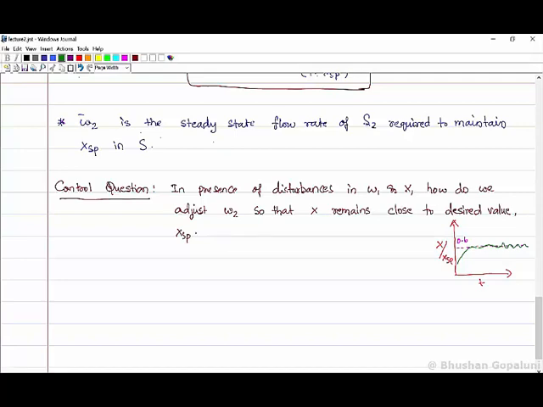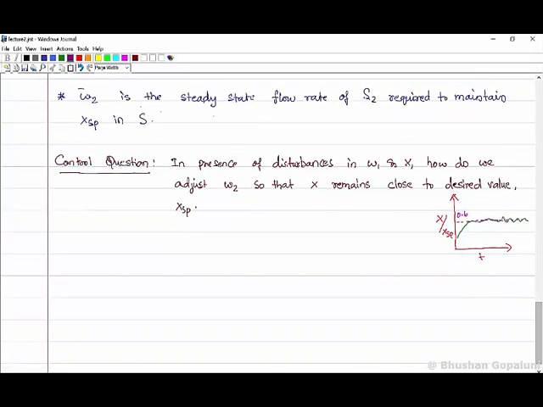The pink dotted line is the set point for the concentration. Let's suppose it's 0.6. Now, if there are disturbances in the process, it is simply not possible to maintain your exit concentration at the set point. Your exit concentration is going to hover around the set point.